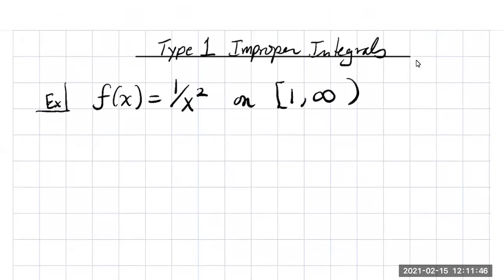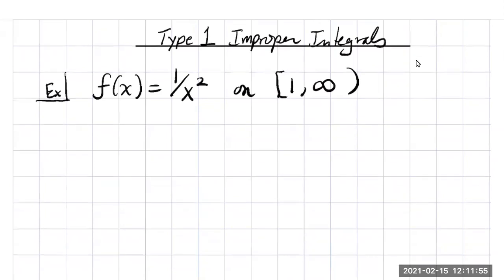Here we have the function 1 over x squared, and it's defined on the interval 1 to infinity. So we're specifying what the domain is here. A quick sketch of that graph.